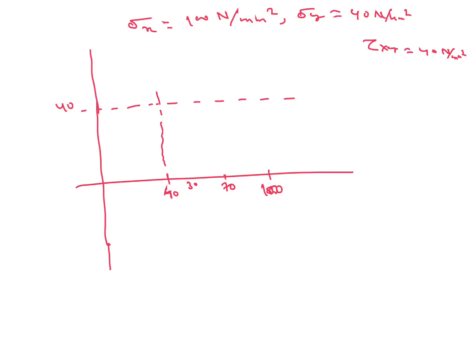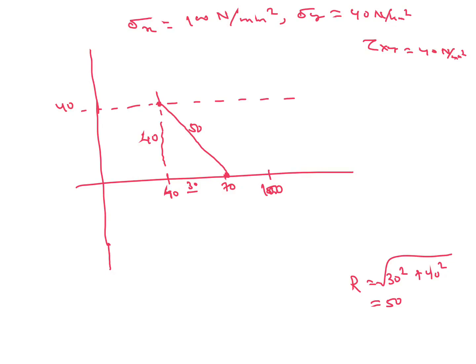So this is the radius. From here to the center this is 30 and here 40. So the radius we have to calculate. R is square root of 30 square plus 40 square. You will get 50. 50 is the radius.